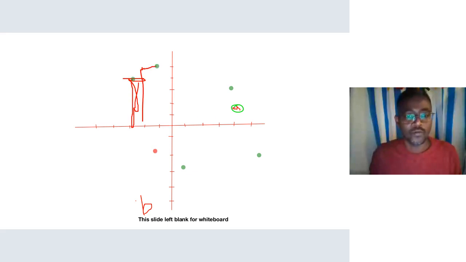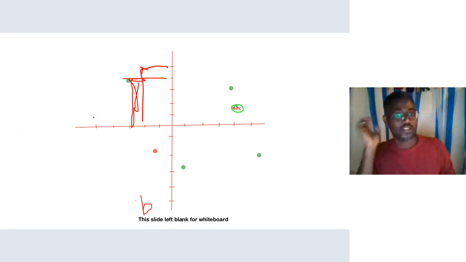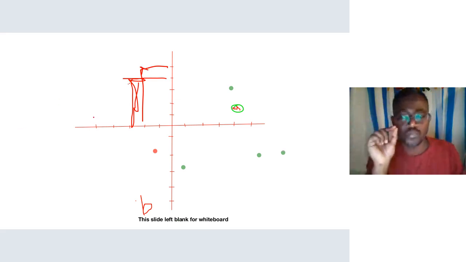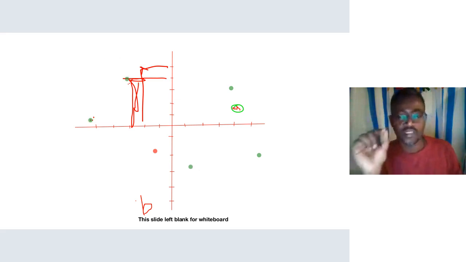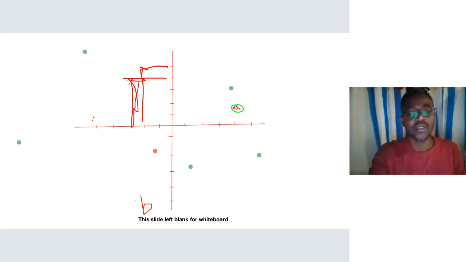Oh, Norma, it's too big. You are writing too big. You don't have to show me where it goes. Just plot the point. Just put the point. So, for example, if it was something like this, I would put just a dot, okay, like that. And we will label them.